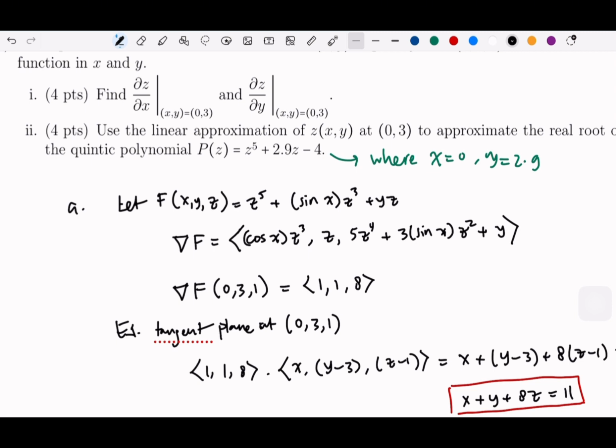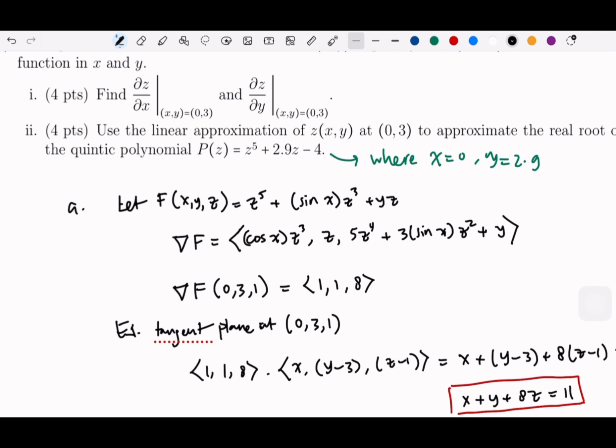Partial x, there is no x except here, so we have only the cosine x and z cubed. And partial y, there is only the last part for y, so it's only z. And then partial z is all over the place, right? So 5z to the power of 4, 3 sine x, and the z cubed becomes 3z squared, and then the last one is plus y.